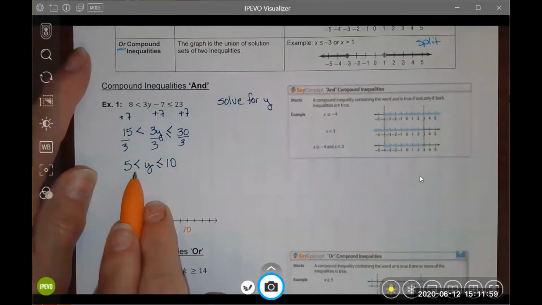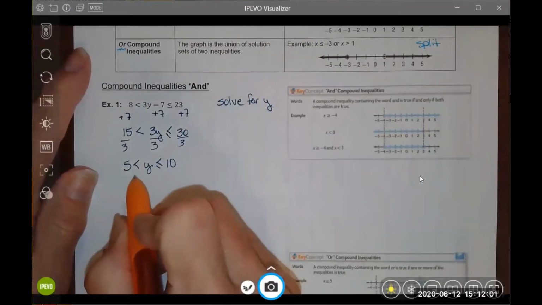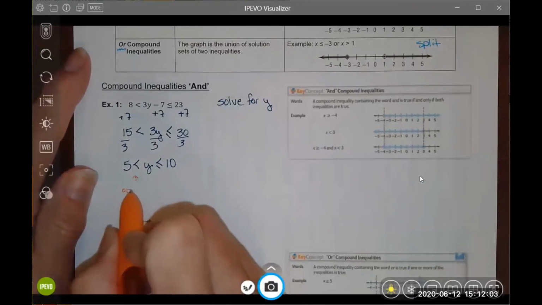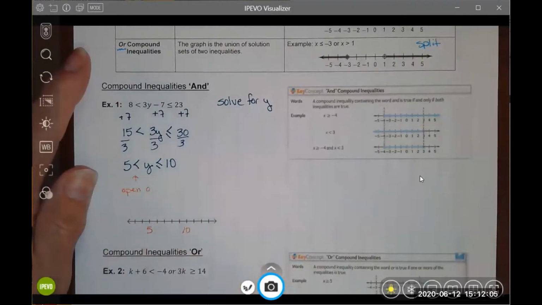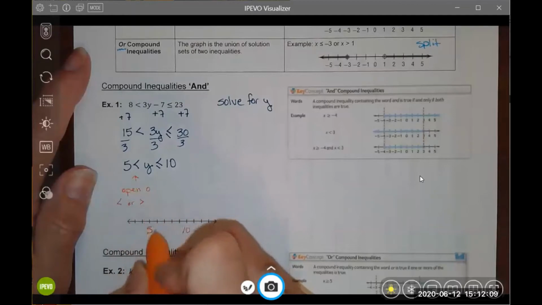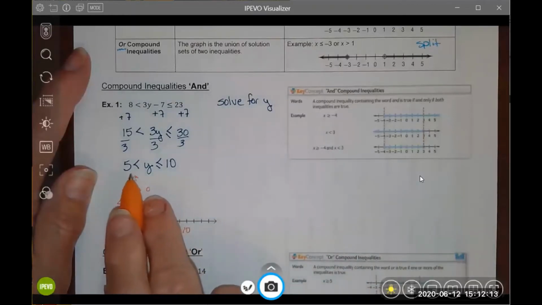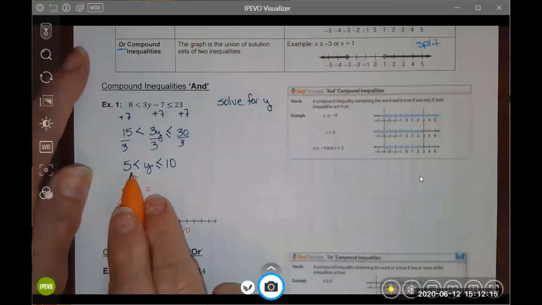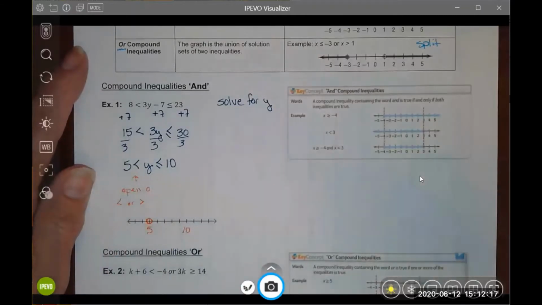I remember that when I'm using a less than symbol, I'm going to put an open circle. And I would do the same thing for a greater than symbol, which gets an open circle. That means that I can get very close, infinitely close to the number 5, but I will never actually be equal to 5.